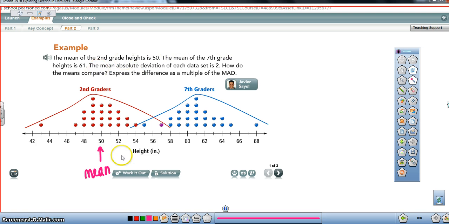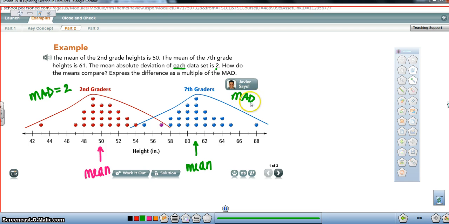And the mean of the seventh grade heights is 61. The mean absolute deviation of each data set is 2. So they're spread in about the same way, and we figured that out earlier. So the mean absolute deviation here is about 2, and the mean absolute deviation here is about 2.